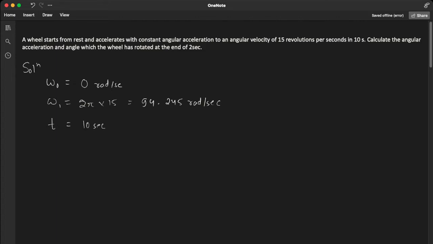According to the question, we need to find the angular acceleration and the angle made in 2 seconds. A different time is given for this angle.